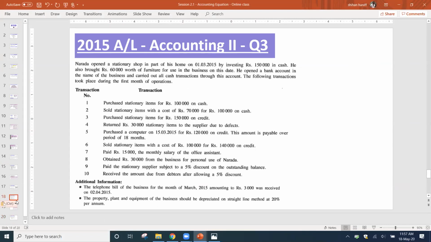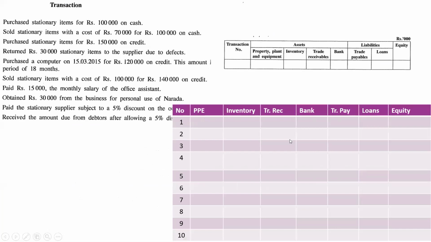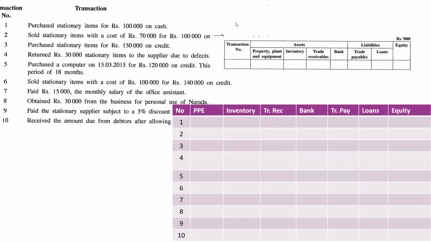Can you start doing it? Okay. So record the transactions.